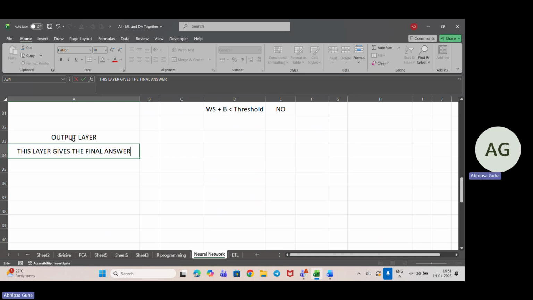For example, jacket: should I wear it or not wear it? Emotion: how is it, happy, sad, angry? Image: is it a cat or a dog? So we can expect the output as 0 or 1, or we can get the probabilities.